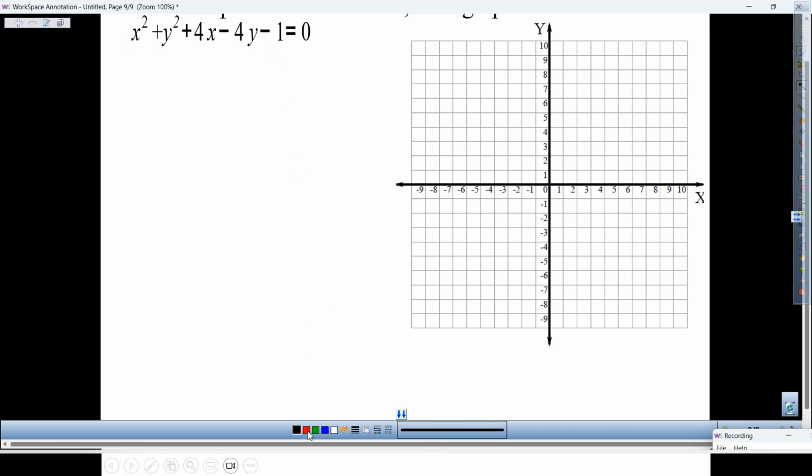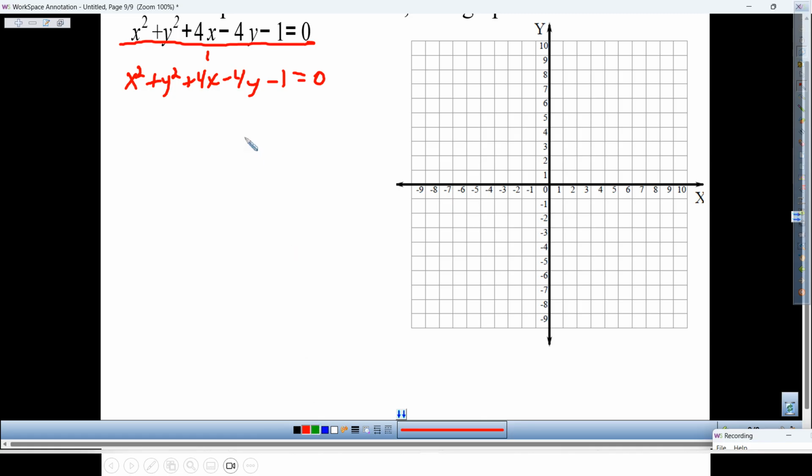Yes. So what is my next step, Caesar? Before that, divide by 1. Make sure you do the step, please. Muscle memory. x squared plus y squared plus 4x minus 4y minus 1 equals 0.